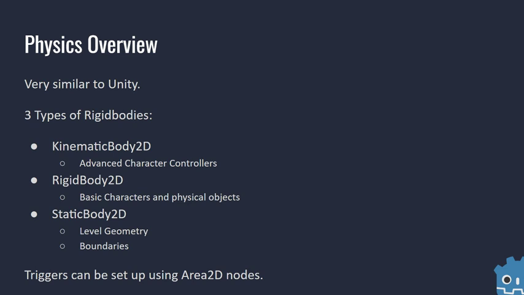You can do all of those things, but you are the thing that is moving that body. And that's what most character controllers are. They're not physically being pushed around by the forces of the world. They're being controlled by the character, and everything kind of moves in response to them.